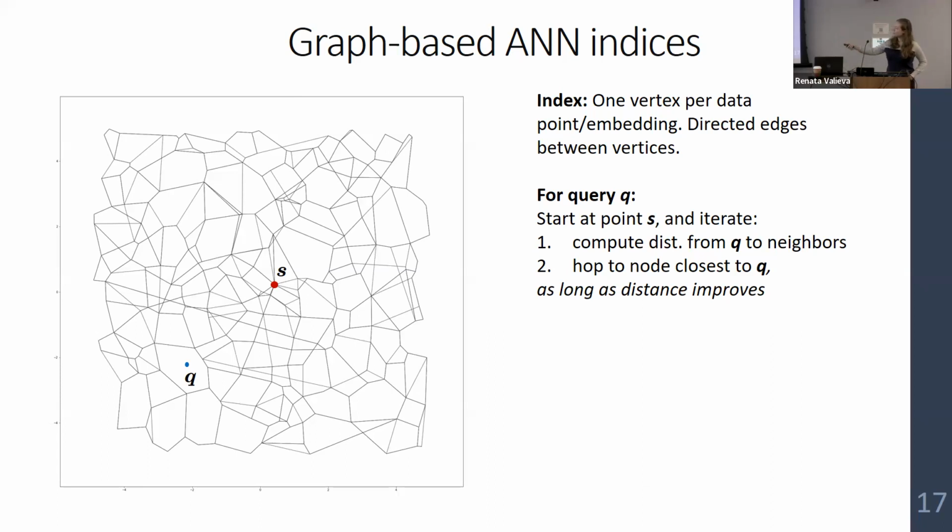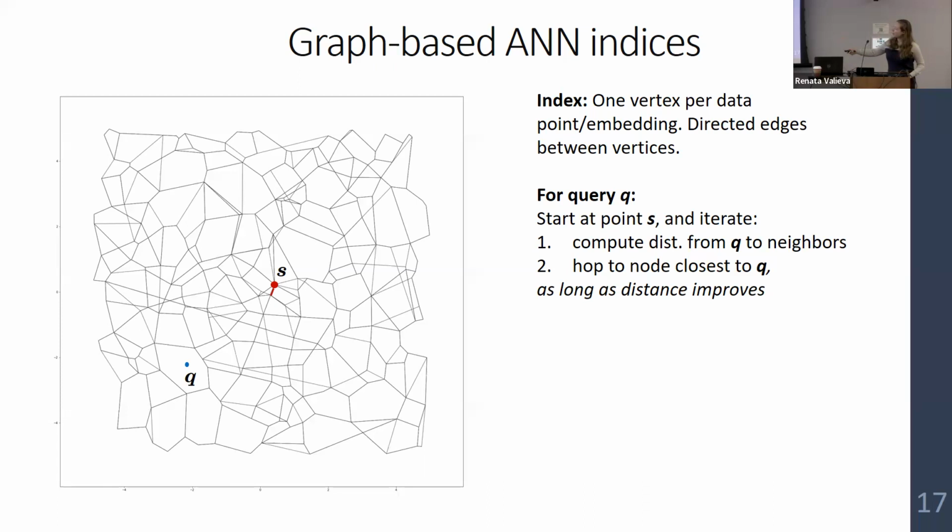What we do is, once we get to the start point, we compute the distance to Q from all of the out neighbors of the start point. These are out neighbors in the graph, not, I know it's a little confusing, the terminology out neighbors. What I mean is the out neighbors in the graph, not the nearest neighbors of the start point.